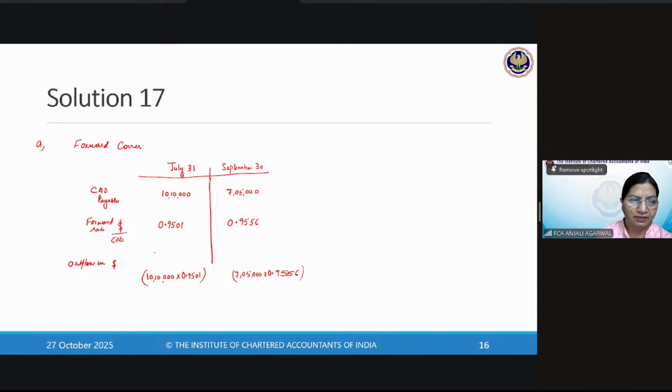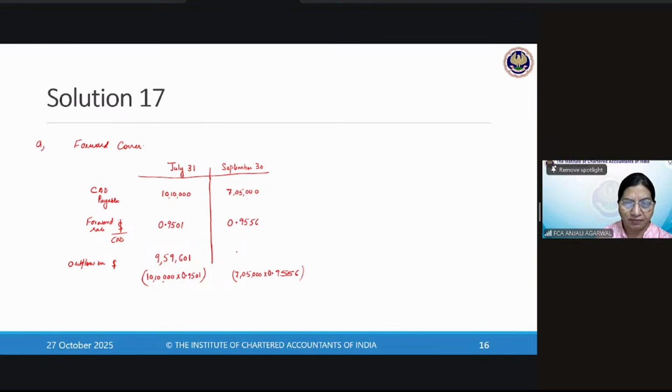When you calculate, the output will be 9,59,601 dollars on 31st July and 7 lakh 5,000 multiplied by 0.9556.